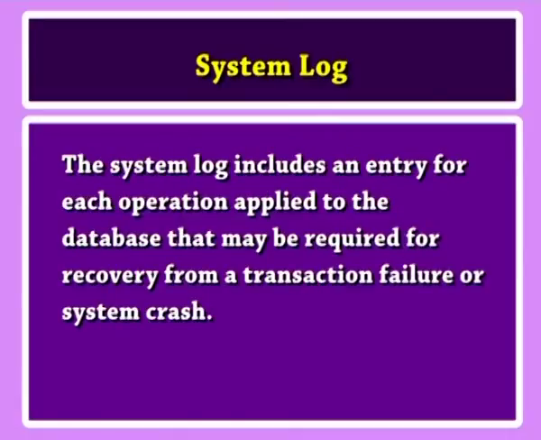The system log includes an entry for each operation applied to the database that may be required for recovery from a transaction failure or system crash. We can expand the log entries so that they also include the account number of the user and the online terminal that applied each operation recorded in the log.